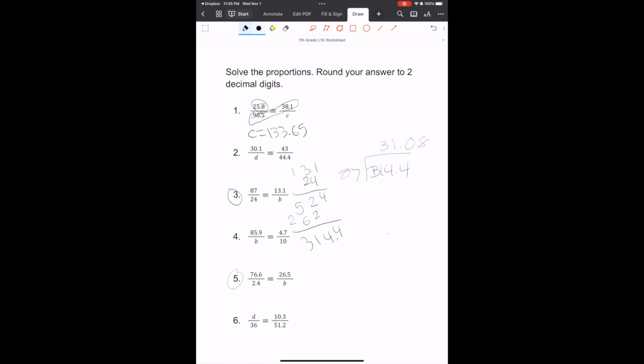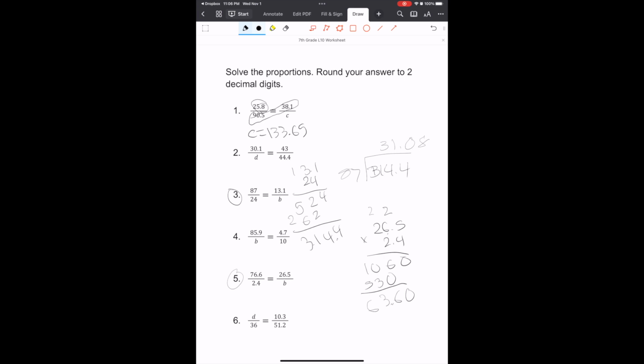And then 5, same thing. We're just going to do 26.5 times 2.4. Then add these up with the decimal places, so you should get 63.60.